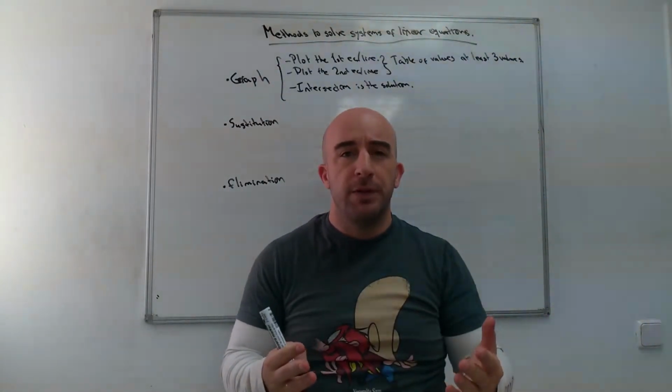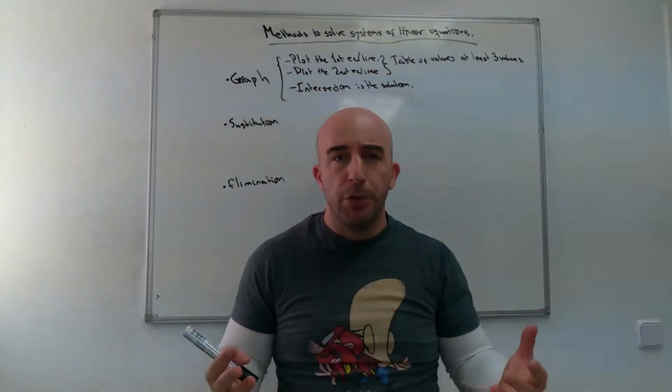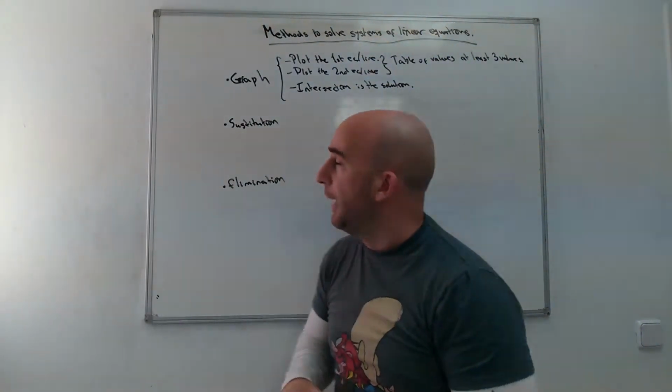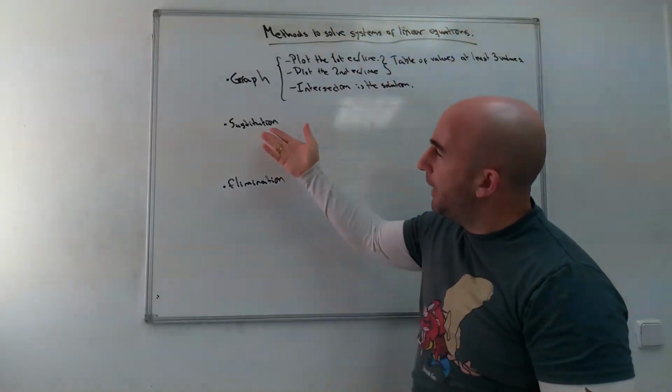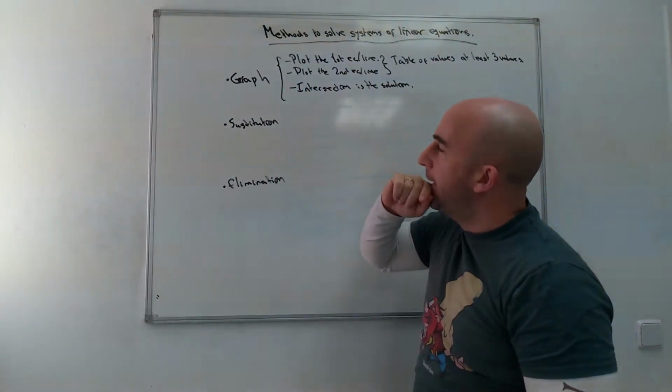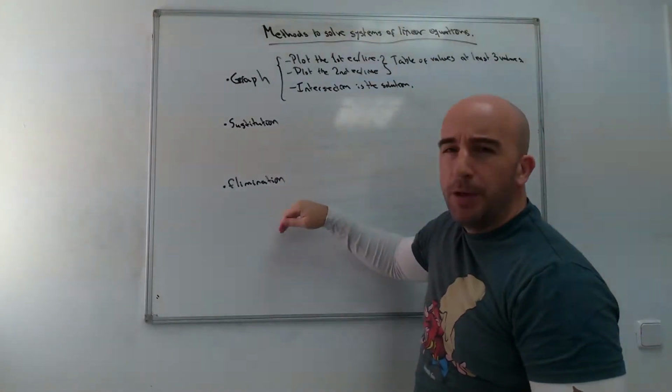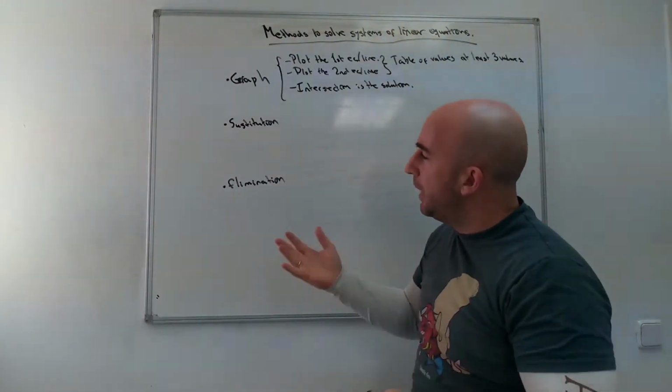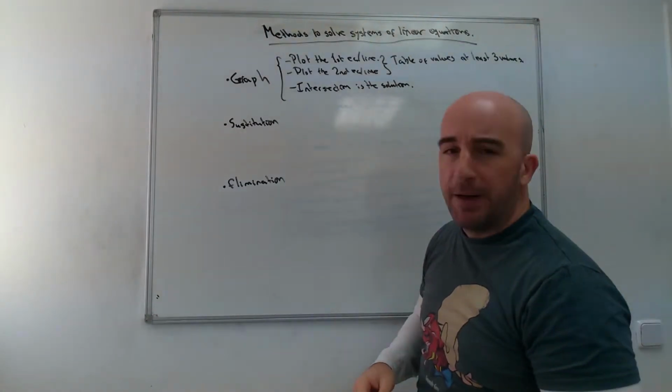If there's no point of intersection, if they're parallel, then there's no solution, but you normally won't get that. So, this is the only method that you have to draw. It's graphical. The other two, you have to be able to solve through mathematical methods.